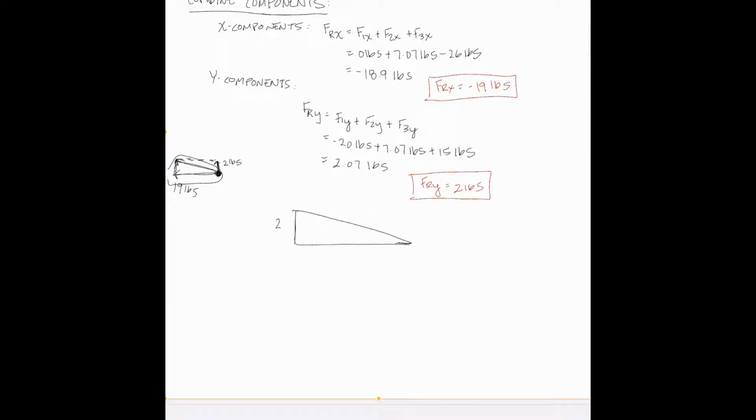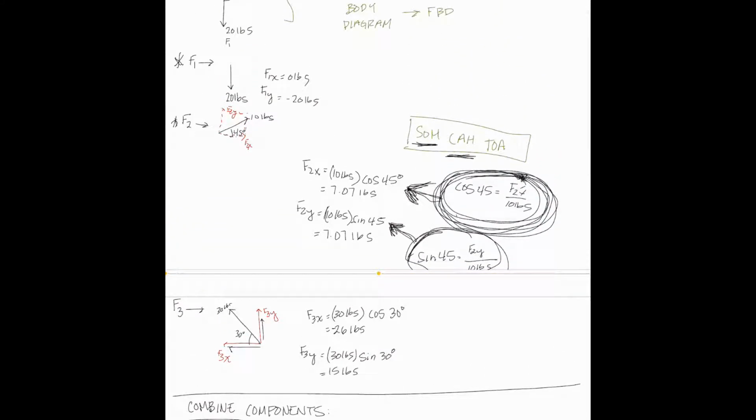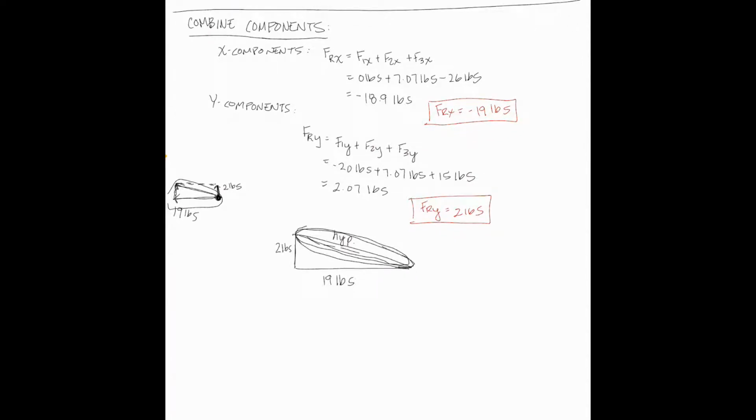Where this is going to be 2 pounds right there, this is going to be 19 pounds, and this is going to be our hypotenuse, hype, if you want to abbreviate it. That's how I abbreviate it anyways. And now this hypotenuse right here, that's our resultant force. Just as we did up here, we broke a force down into components. We're now going backwards. We have components and we want to get that force.